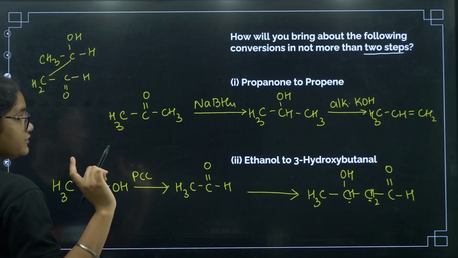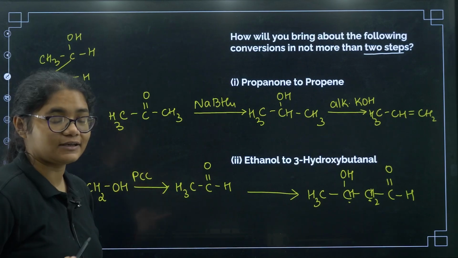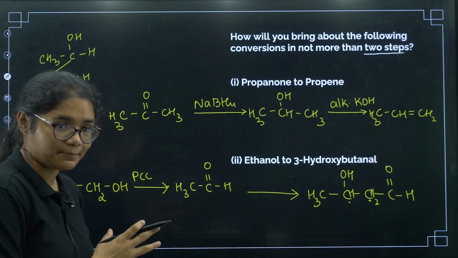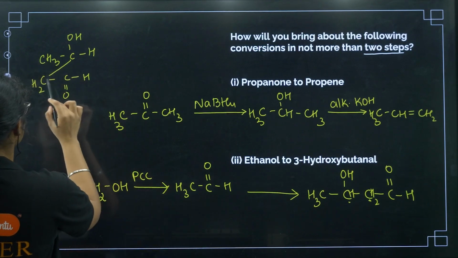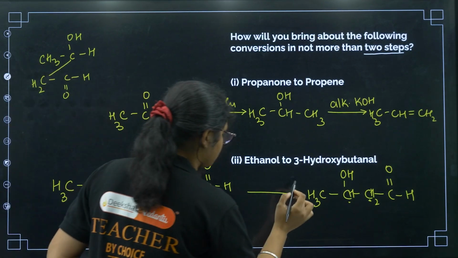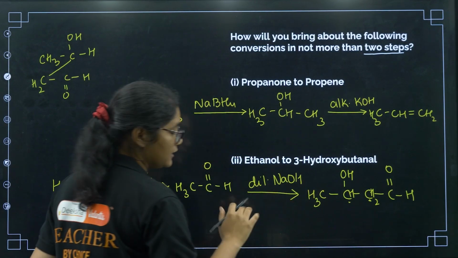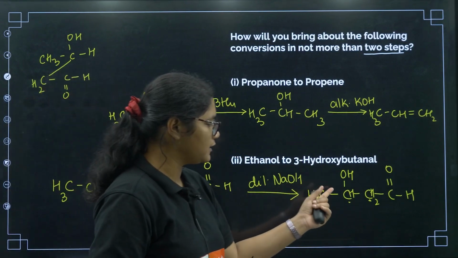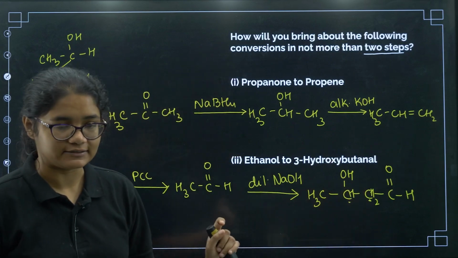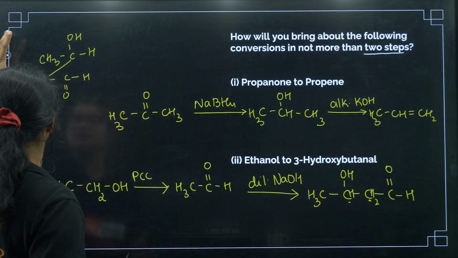Those who do not know about this trick, you can watch my detailed KCET video on aldol condensation on this chapter. So you can get 1, 2, 3, 4. For aldol condensation, I need dilute NaOH. Do not put heat here. If you give heat, then you will get alpha beta unsaturated compounds. So that is why this has to be the answer.